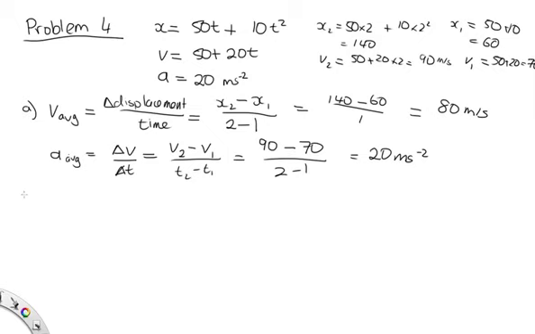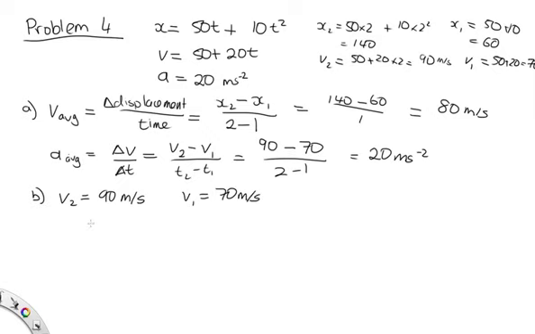Okay, in part B, we're asked to find the instantaneous velocities and instantaneous accelerations at t equals 1 and t equals 2 seconds. We've already found the instantaneous velocity at t equals 2 and t equals 1 seconds up here, so this part's easy. We've got v2 is equal to 90 meters per second, and we've got v1 is equal to 70 meters per second.